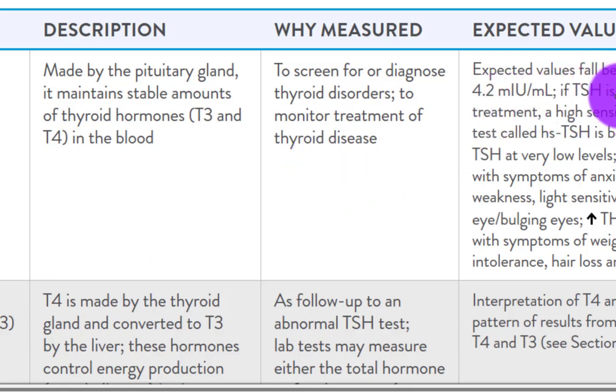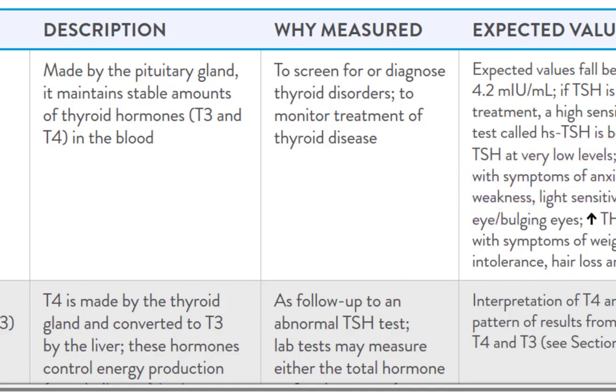Expected values fall between 0.4 to 4.2 milli international units per milliliter. TSH is used for monitoring treatment. A highly sensitive, third generation test called ultrasensitive TSH is better able to measure TSH at very low levels.